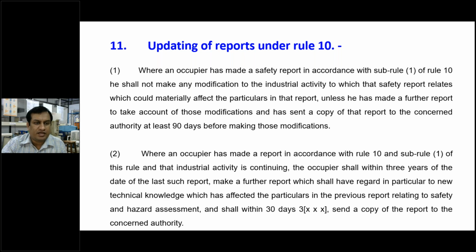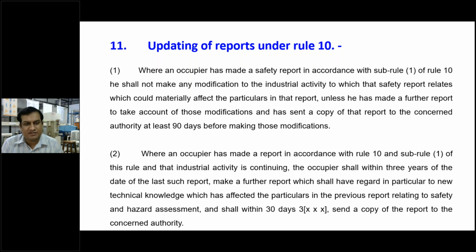Where an occupier has made a safety report in accordance with sub-rule 1 of Rule 10, he shall not make any modification to the industrial activity to which that safety report relates, which could materially affect the particulars in that report. Suppose you have already made the safety report and submitted it with reference to the industrial activity.